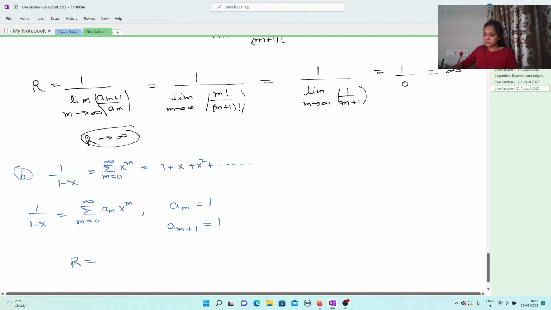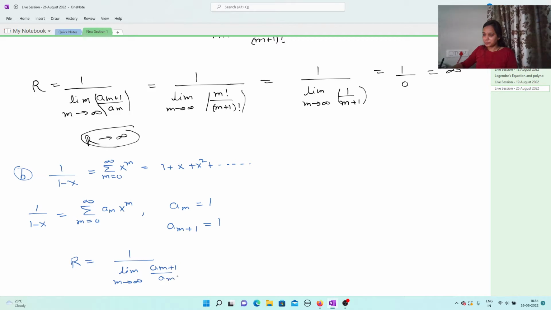So the radius of convergence will now be 1 over limit n tends to infinity an plus 1 over an, right? And this is 1 over limit n tends to infinity 1 over 1. So this is 1.